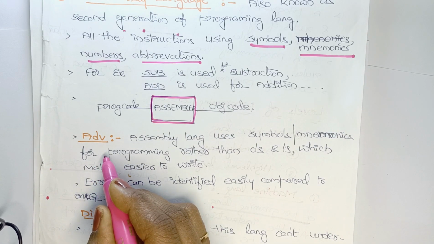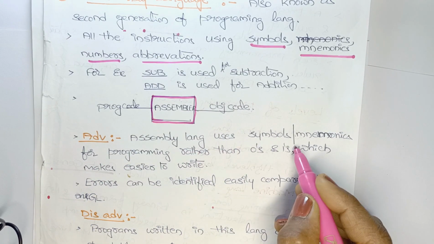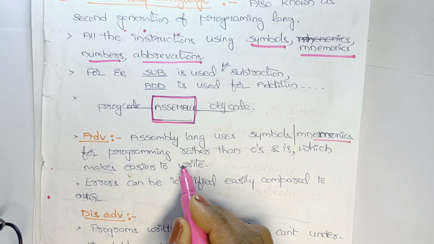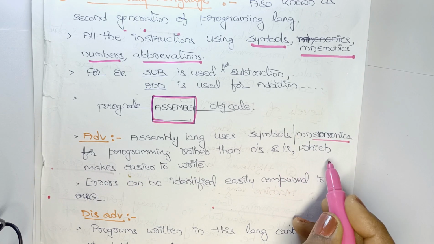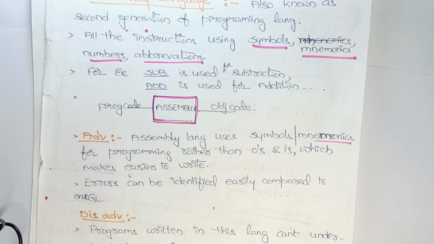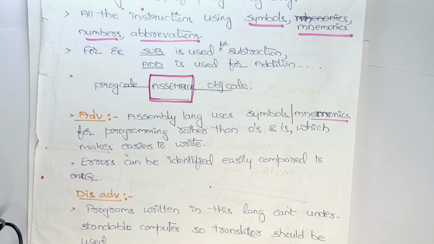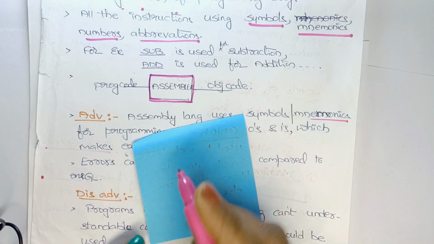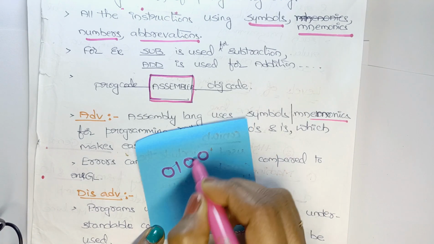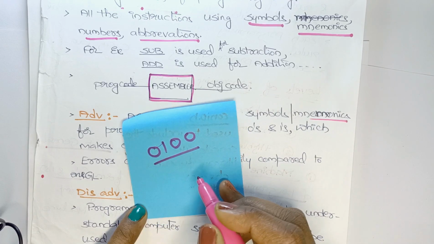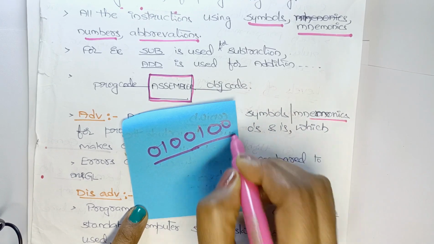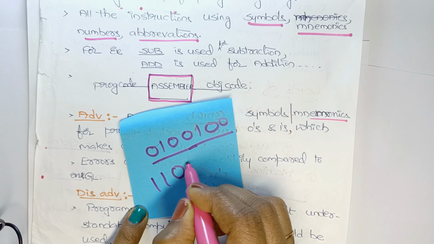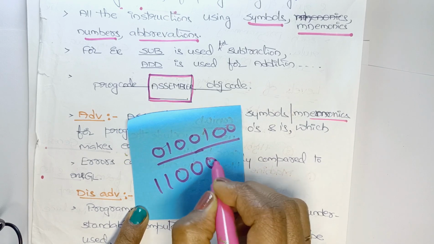So what are the advantages? Assembly language uses symbols and mnemonics for programming rather than zeros and ones, which makes it easier to write. So instead of remembering machine code, for example, for addition the code will be 010, 010, 0100 and so on, and for subtraction 110, 001.